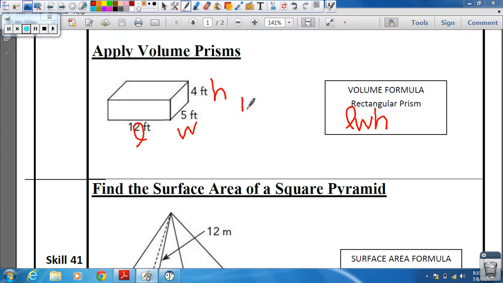So this is 12 times 5 times 4, which gives me a total of 240. Since this is volume and not an area calculation, it is in cubic units. So this is in cubic feet. Cubic has an exponent of 3.